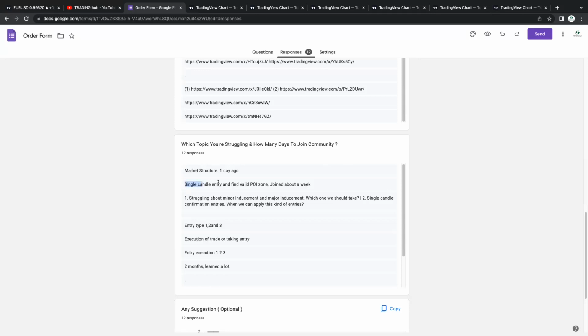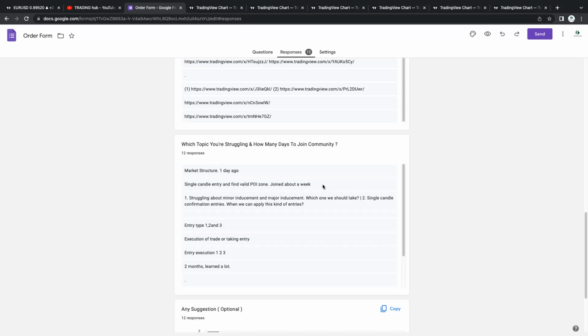The next suggestion is here: single candle entry and find valid POI. You don't need to switch to single candle entry at the start, and it takes time.